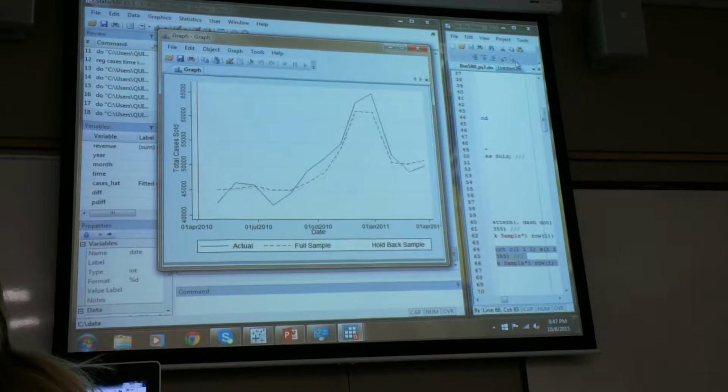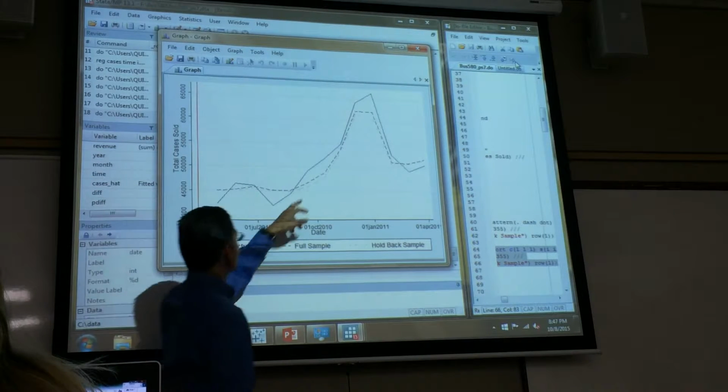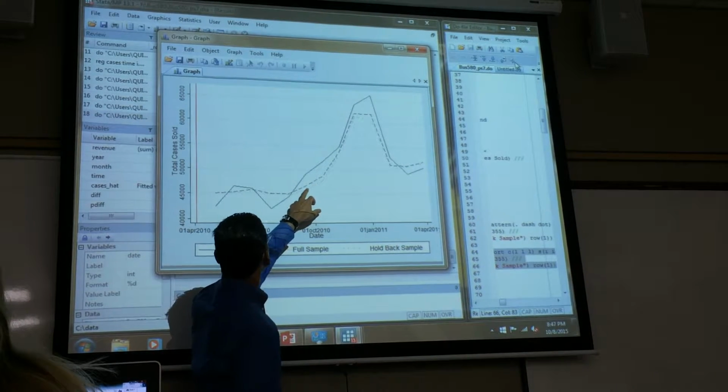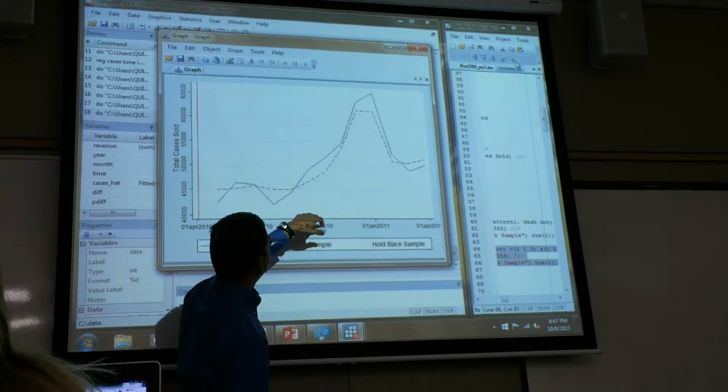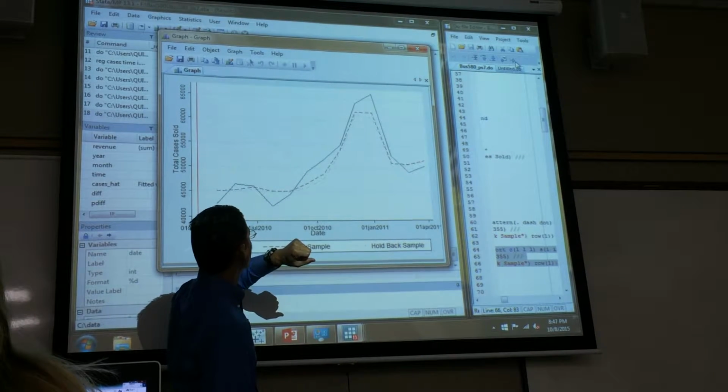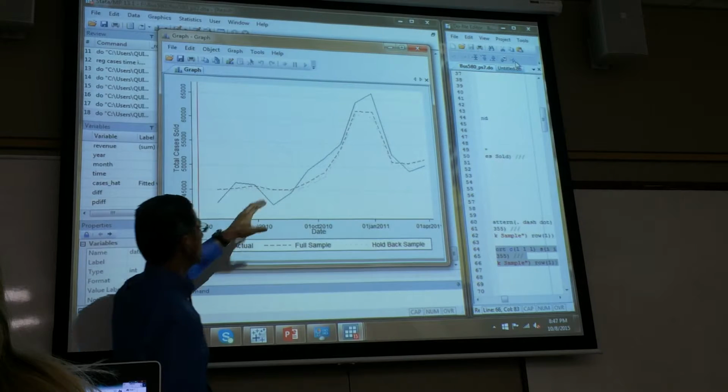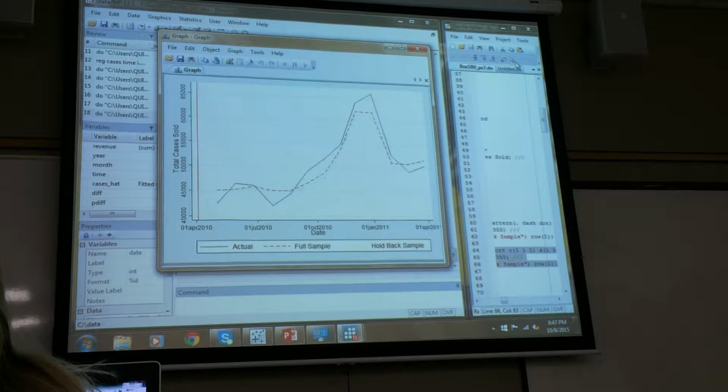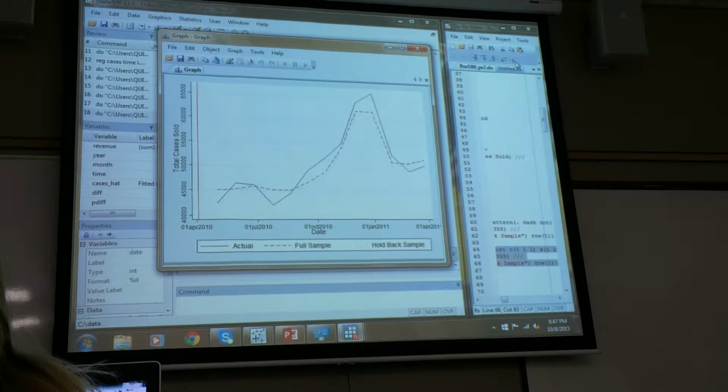Neither one of them is perfect. But you can see that the dashed is a little bit below it here. The peak's a little bit lower. So they're clearly different, but they're not that different. We were pretty confident when we looked at the difference between the actuals and the predicted values, right?